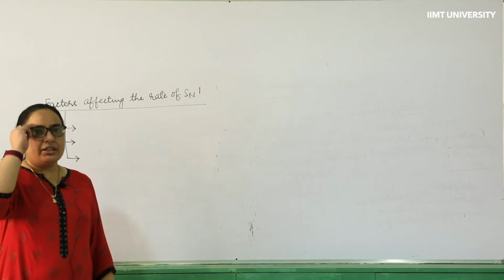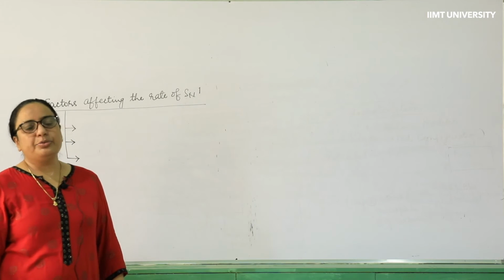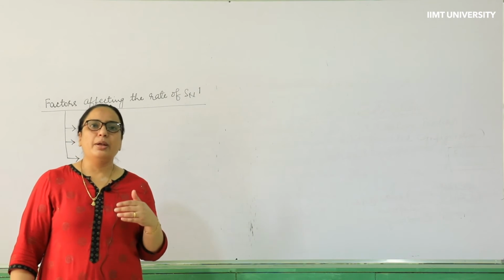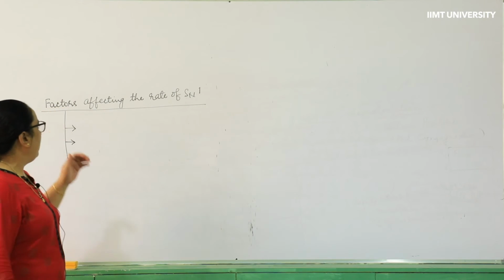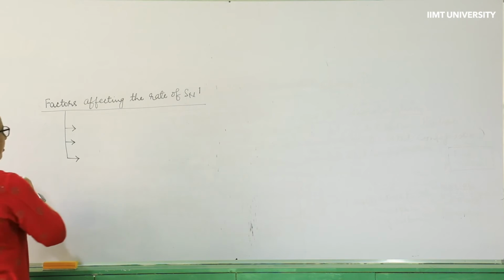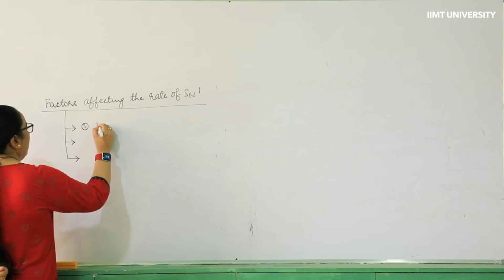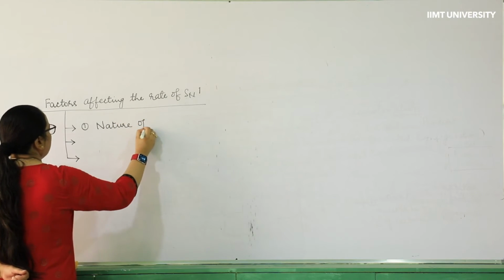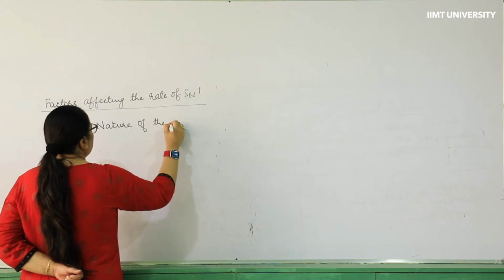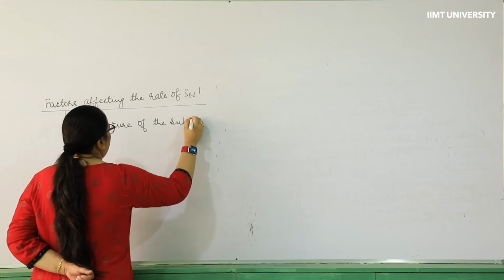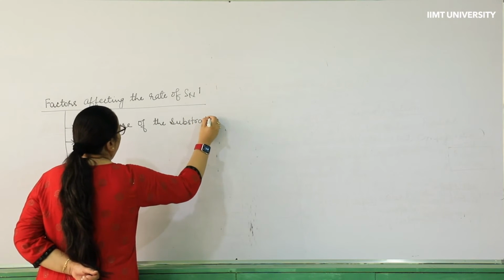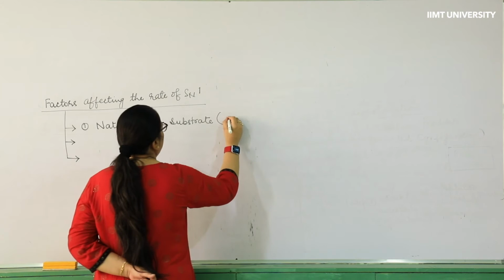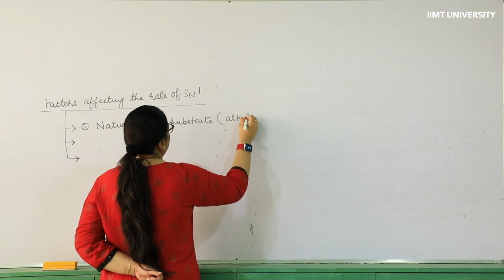Now let us discuss about the different factors which are affecting the rate of SN1 reaction. There are three factors. Number one is nature of the substrate. Here in SN1 reaction, the substrate is alkyl halide.